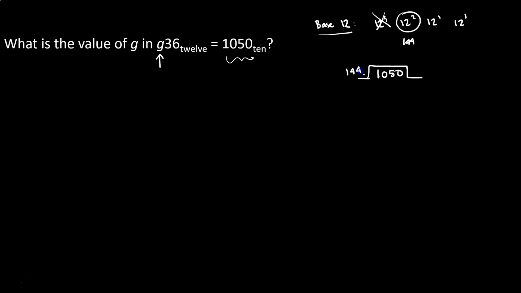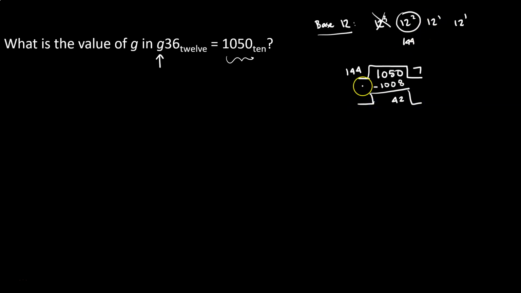We put our 144 on the left. We find out how many times it can fit into 1050 by doing division. I get 7 with a remainder, so I know it'll go in 7 times. 7 times 144 is equal to 1008, so that's what I'm subtracting. If I do 1050 minus 1008, I'm left with 42. So I build my house around that.